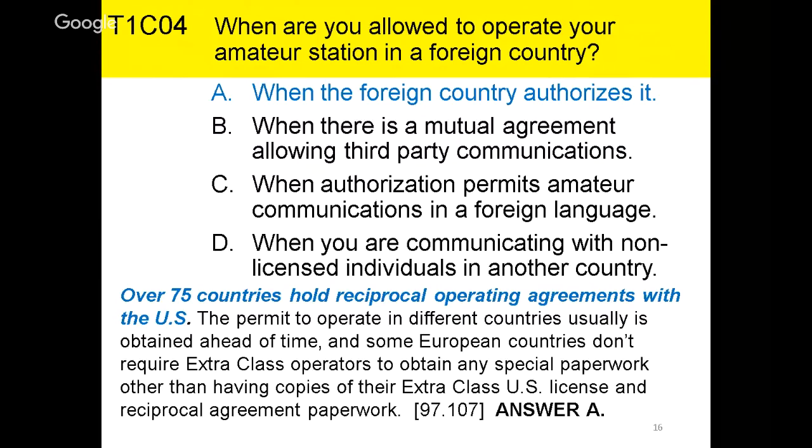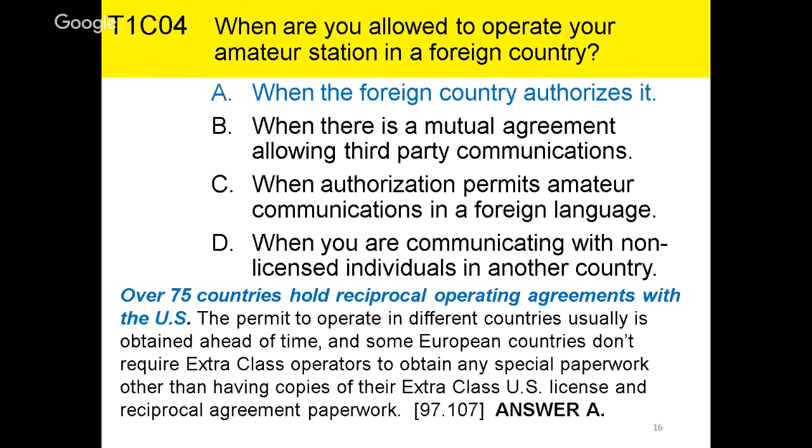Some of the restrictions, however, require you to be an Extra class operator. A lot of these countries don't have different classes of operator permits. Some have an entry level, some have an advanced level, some have intermediate levels.